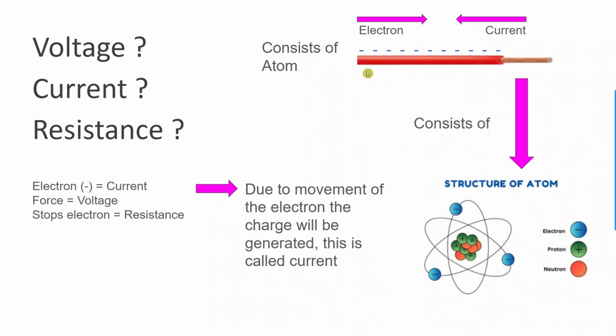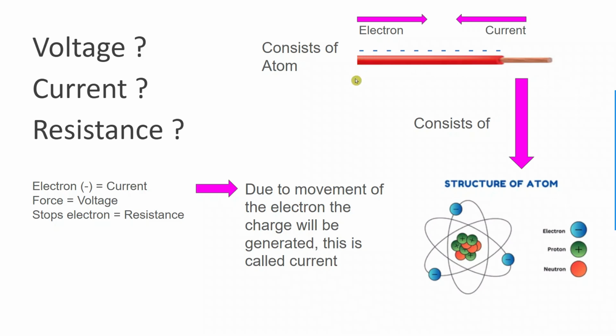So for that we have to apply some pressure. That pressure is nothing but voltage. Once we apply some pressure on this wire, the electrons will start moving from one side to the other side and the charge will be generated. That charge is nothing but current.